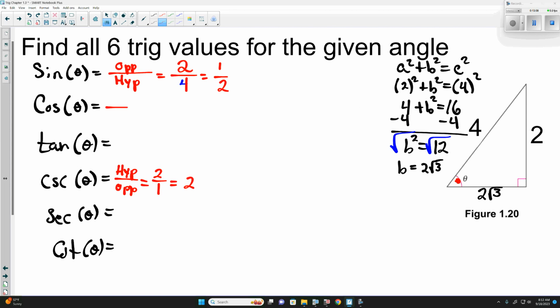Cosine is the adjacent side over the hypotenuse. Well, the adjacent side, as we saw, is 2 square roots of 3 over 4. And again, this will reduce to square root of 3 over 2.